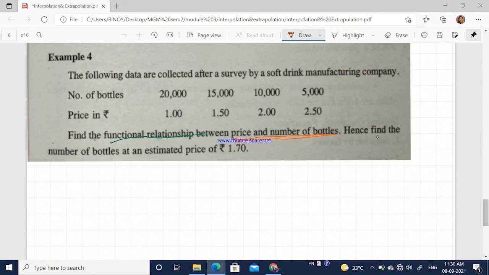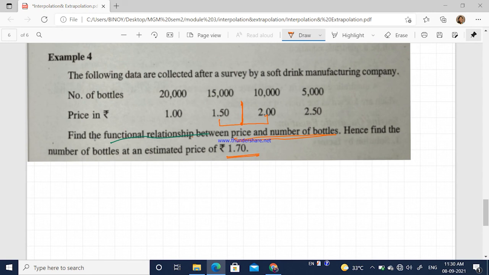Here, we need to find the number of bottles for an estimated price of 1.70. So the estimated price of 1.70 will be between 1.50 and 2, so the value will be over here. So it is a clear case of interpolation.